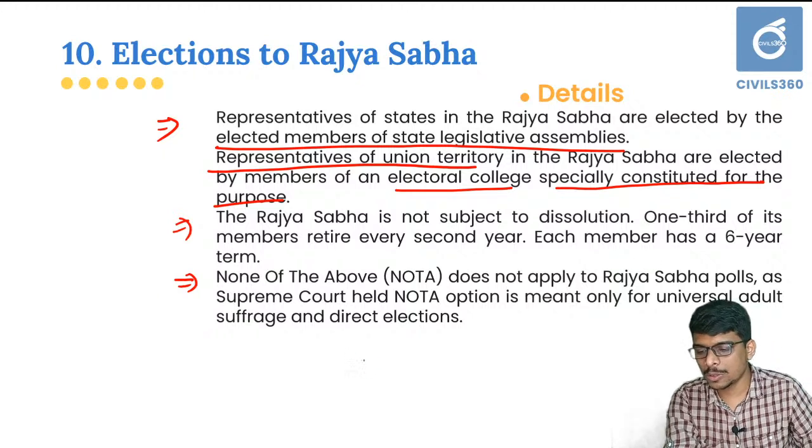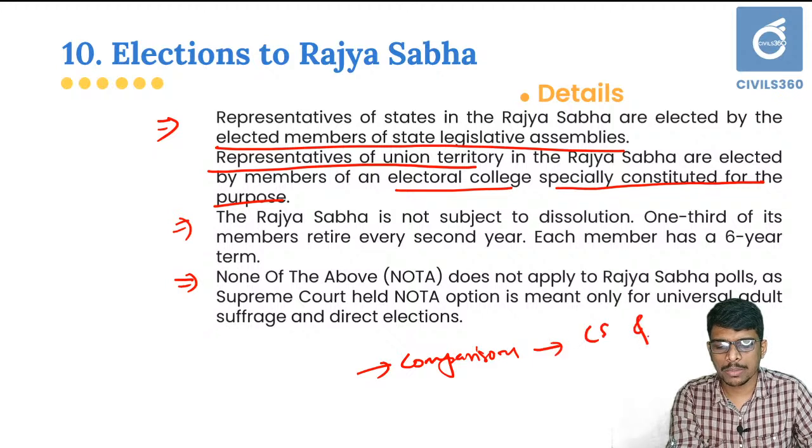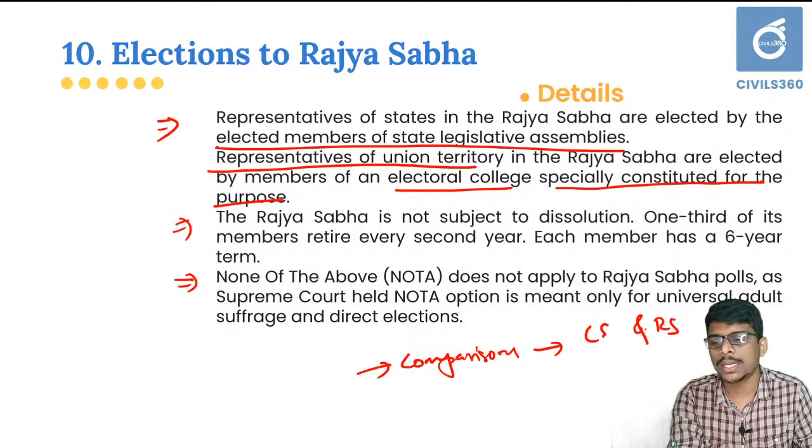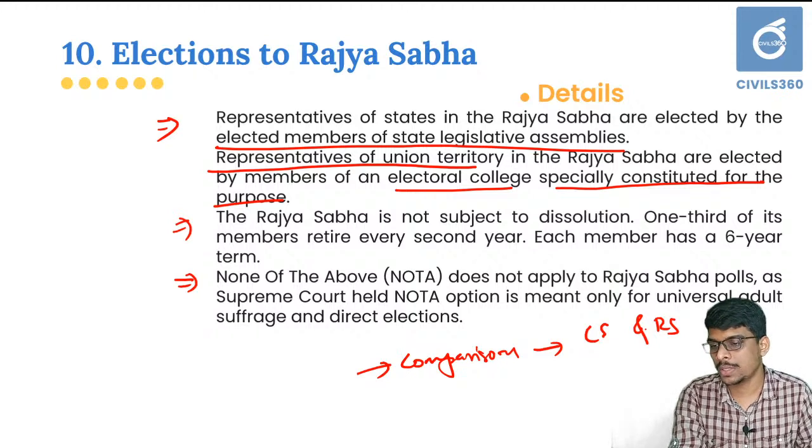Regarding this, you should also learn about the comparison of powers between Lok Sabha and Rajya Sabha. You should compare the powers of Lok Sabha and Rajya Sabha, and what powers are provided to Rajya Sabha in certain bills. For example, constitutional amendment bill, money bill, normal ordinary bill. You should also identify the role of Rajya Sabha in emergency provisions, because the questions will be like that.